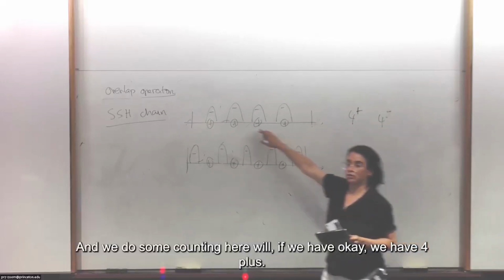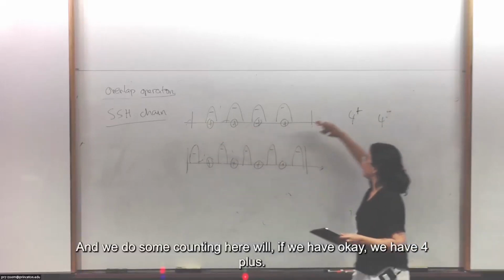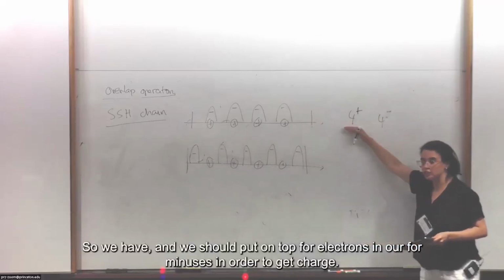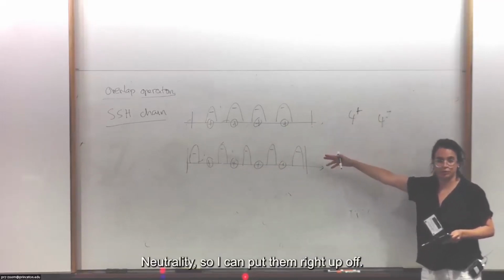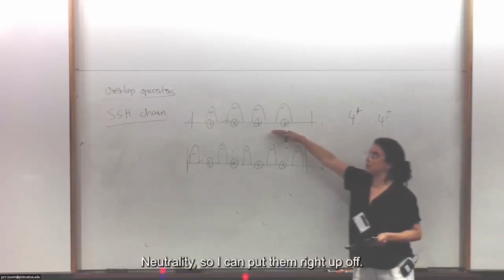So I can put them right on top. No problem. I have no problem preserving charge neutrality and preserving the symmetry of the system. No problem whatsoever in this particular case.